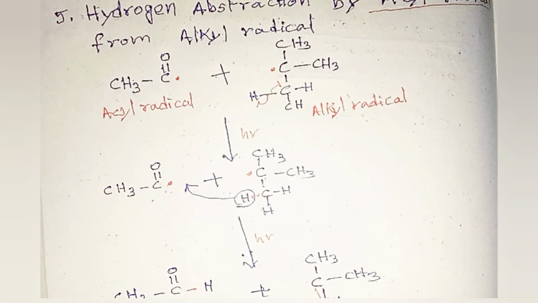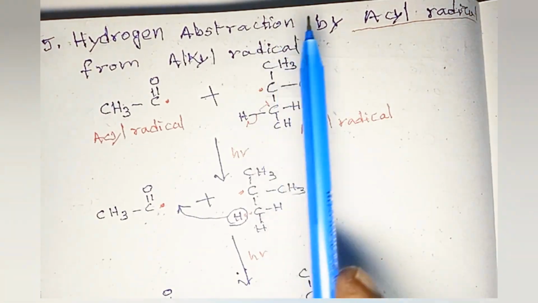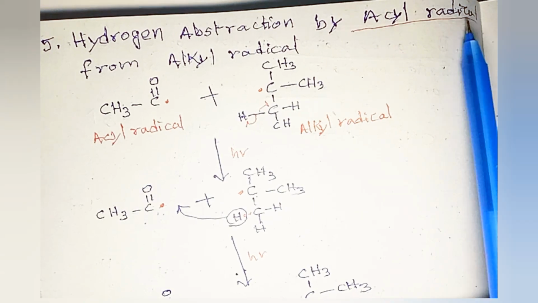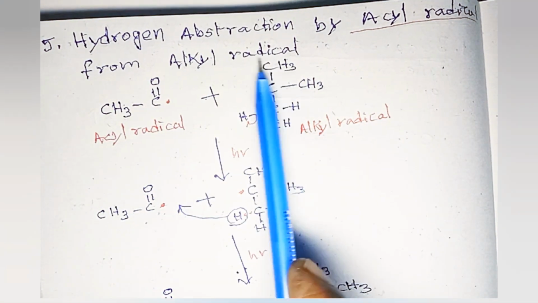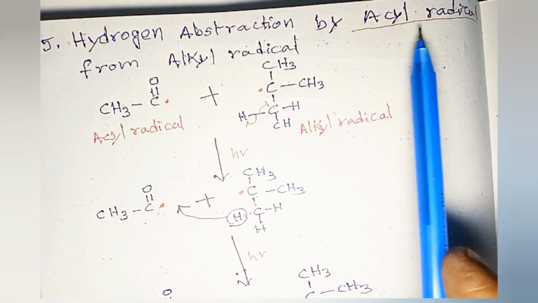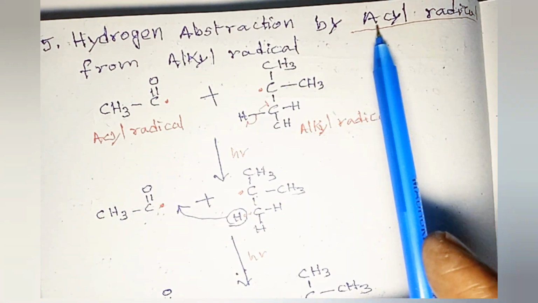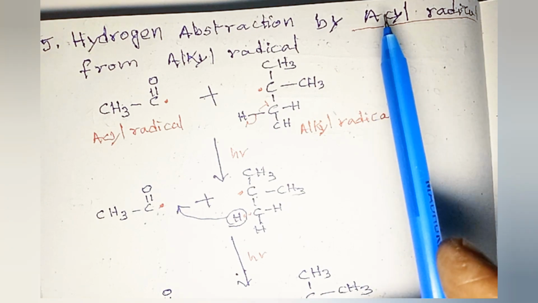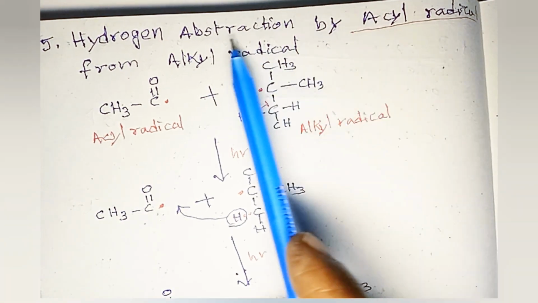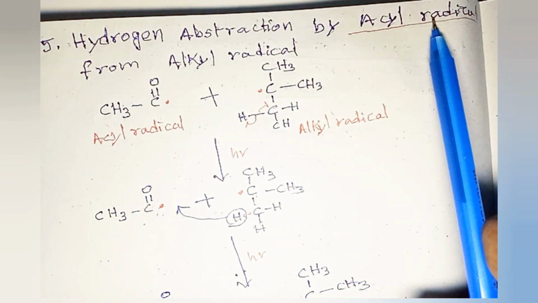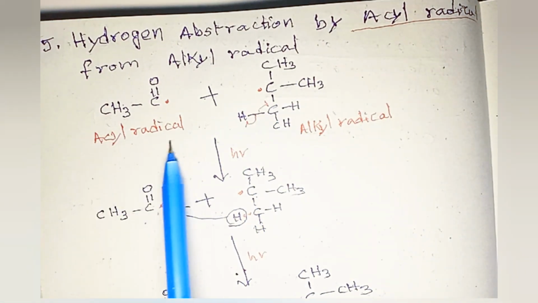Hydrogen abstraction by acyl radical from alkyl radical. You need not know the products here, because if you do the reaction you will get the products. So remember, hydrogen abstraction by acyl radical.